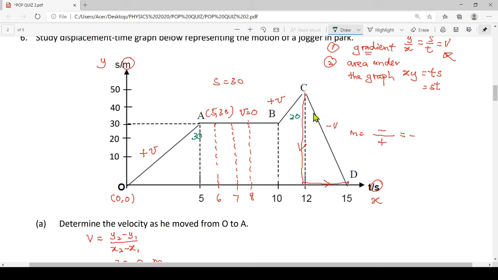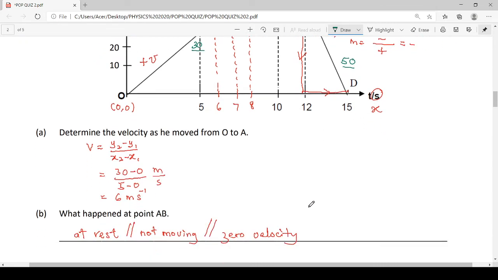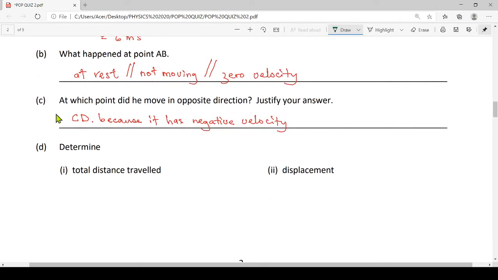And then from C going down to D, the distance here is 50. So what is the total? 50 plus 20 plus 50. So the total distance traveled here would be 100 meter.